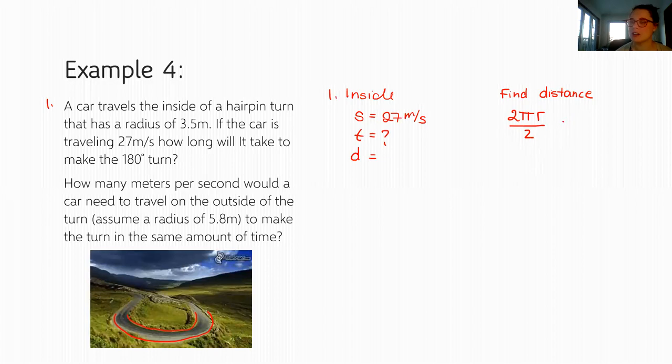So 2 and 2 cancel out, and we're going to end up with just pi times the radius. So the distance this car drives is pi times 3.5, which gives us a distance of 11 meters.